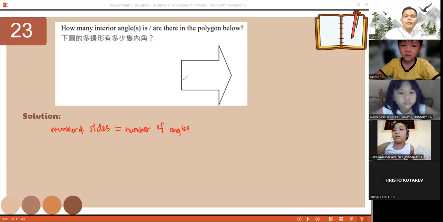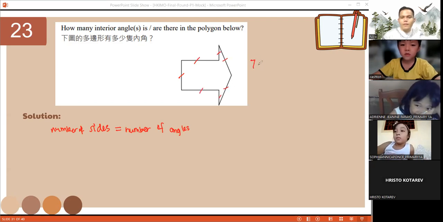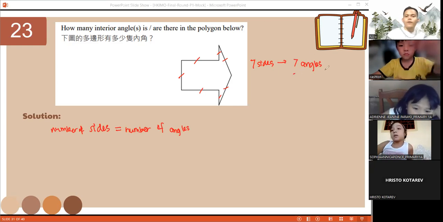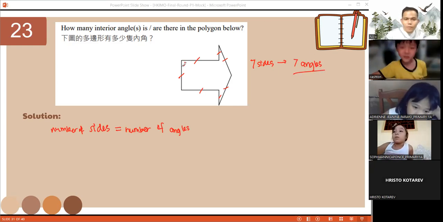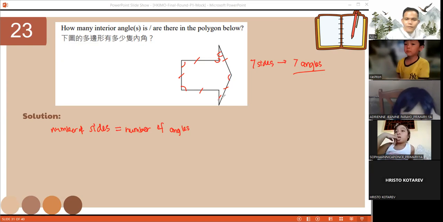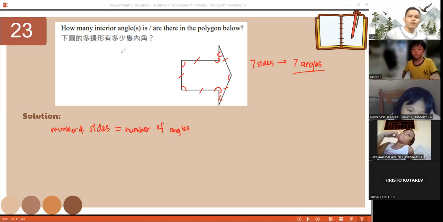Okay. So the number of sides is equal to the number of angles. So again, earlier, how many sides is this? It's 1, 2, 3, 4, 5, 6, 7. 7 sides. This one will correspond to 7 angles. Sir, what are those 7 angles? It's gonna be 1, 2, 3, 4, 5, 6, 7. So that is your angle. Okay? You know what's an angle?